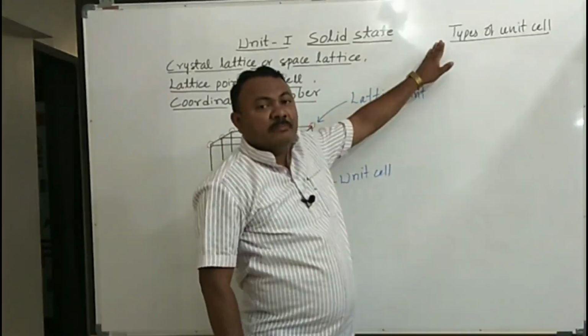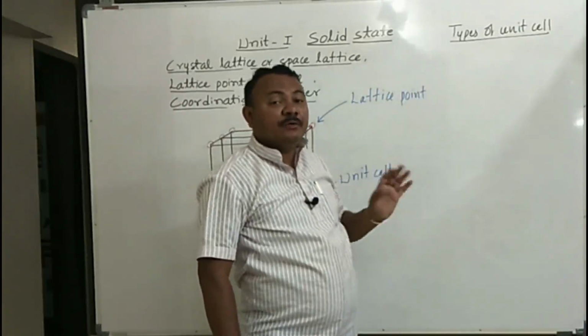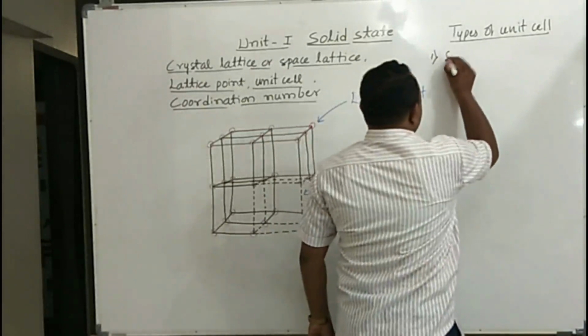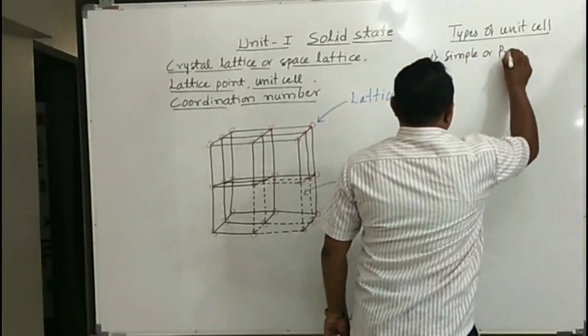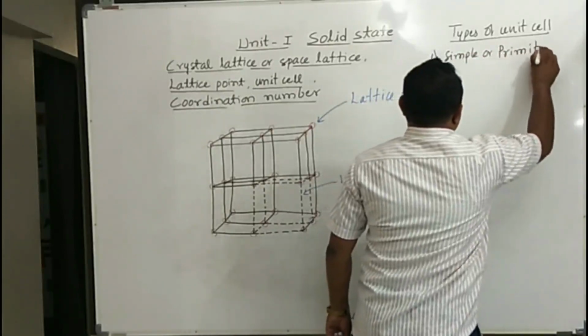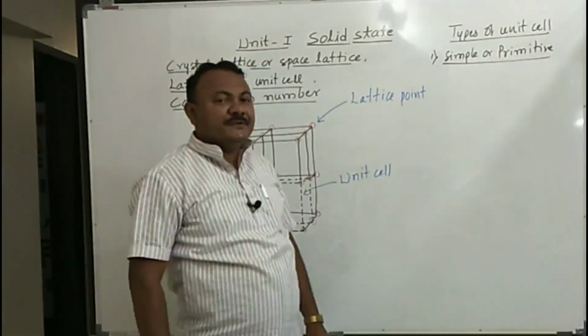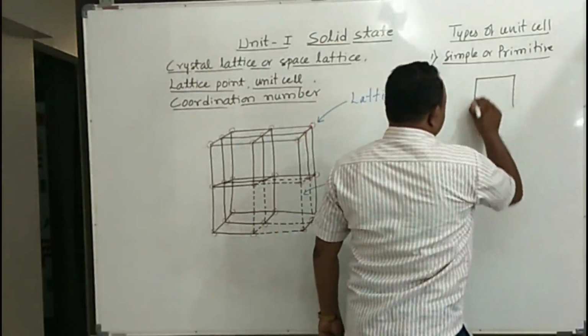Now unit cell is divided mainly into 2 types based on the arrangement of the particles. First one, simple or a primitive unit cell. This unit cell is nothing but simple or the primitive unit cell.